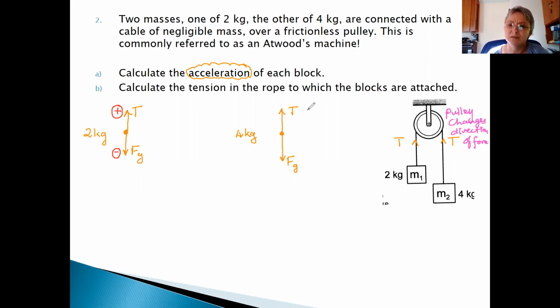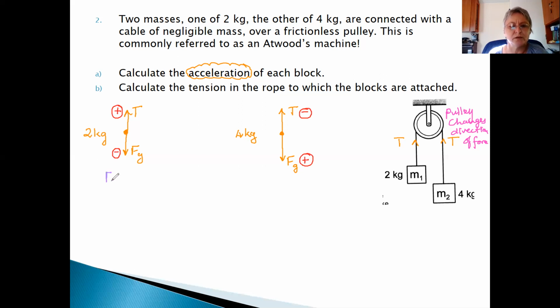So if the tension in this first diagram is positive, I'm going to choose that as my negative direction because it's the opposite direction. And my Fg is then the positive direction. Next, to use Newton's laws to build the equation.